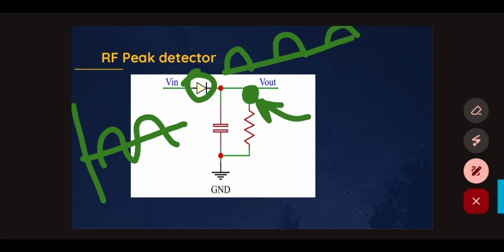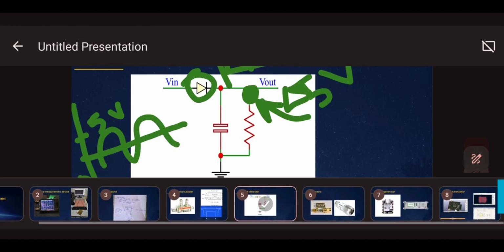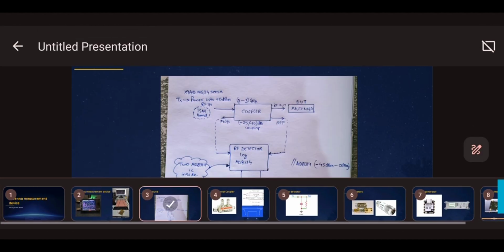Suppose this is 0 and this is 5 volt. We are considering an ideal diode, so there is no barrier voltage, and we'll get some voltage here, definitely less than 5 volt. This is the idea here.